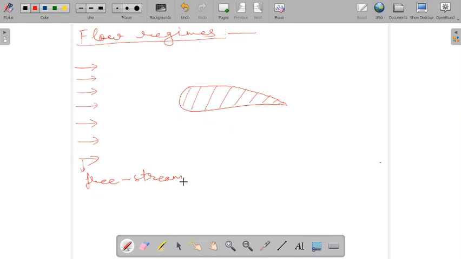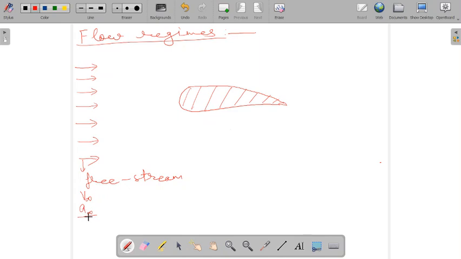If I have to specify the velocity of all these fluid streams, I can call the velocity of this free stream v infinity, and each layer has the same v infinity velocity. Now, corresponding to this free stream, our speed of sound is a infinity. We will talk in detail about the speed of sound in subsequent lectures. Over here just consider that a is the symbol for speed of sound, and the speed of sound in this free stream fluid is a infinity.